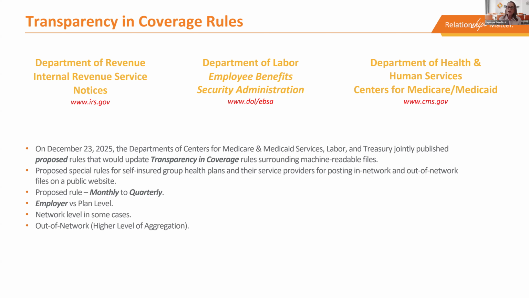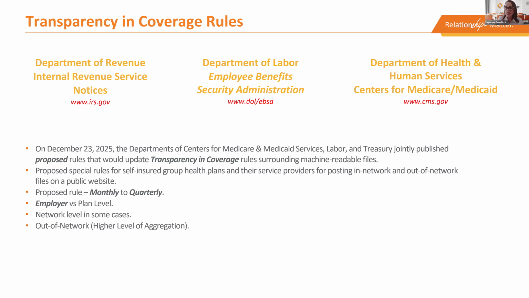So I think the legislation has recognized it got very complicated. When the initial legislation came out, there were supposed to be 3 machine readable files posted for each plan. Some of you might have a PPO plan, a high deductible health plan, a Kaiser HMO.